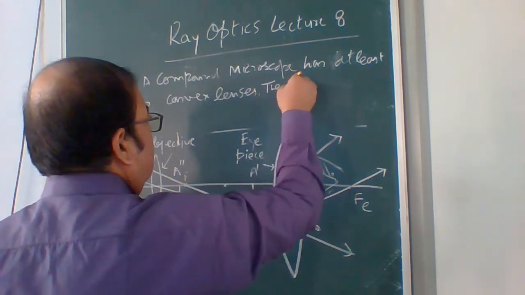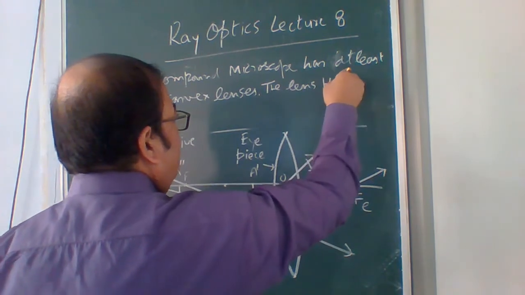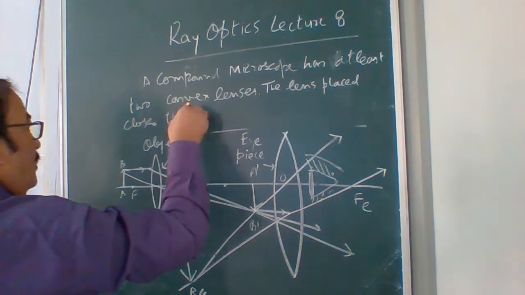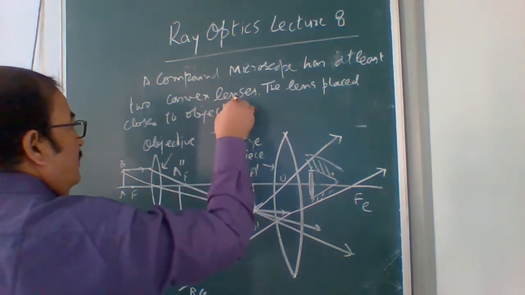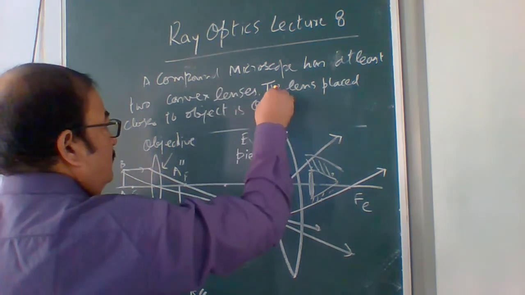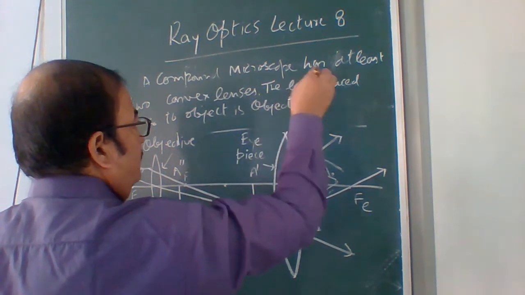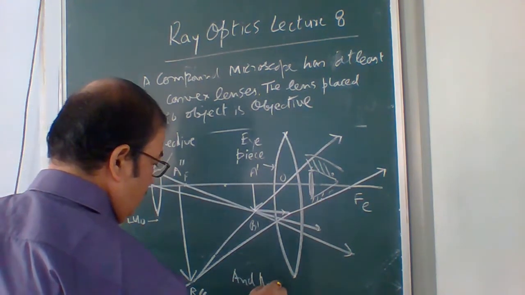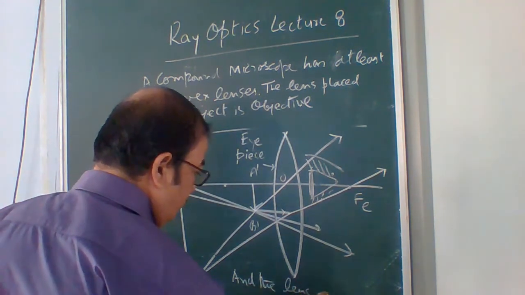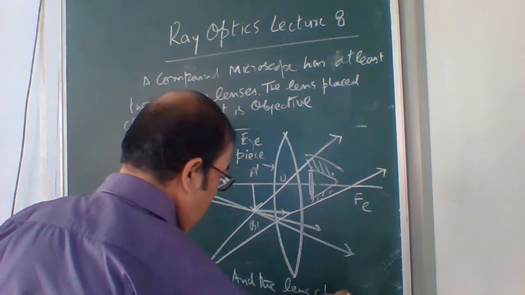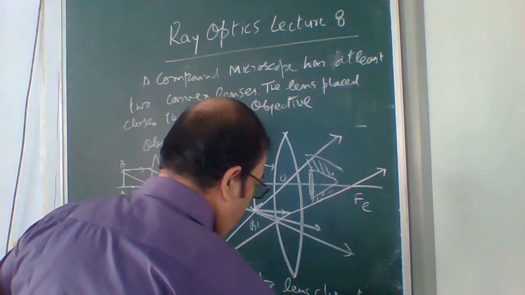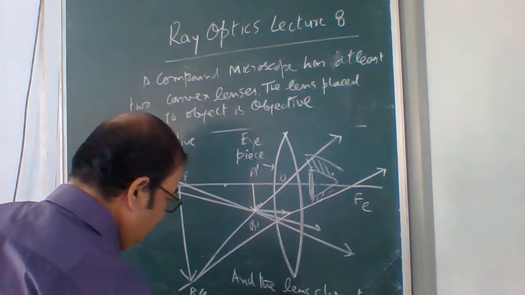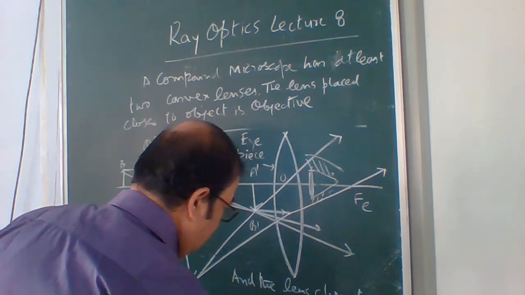The lens placed closer to the object is the objective, and the lens closer to our eye is called the eyepiece.